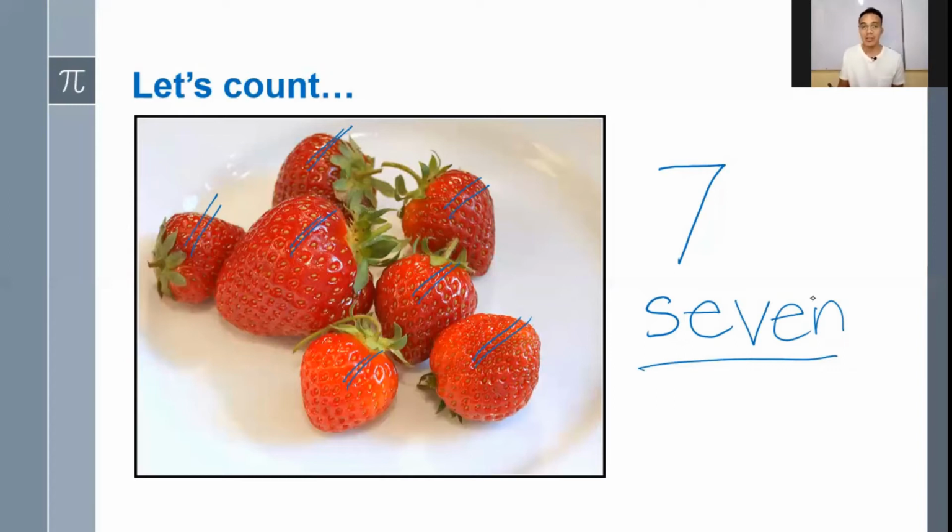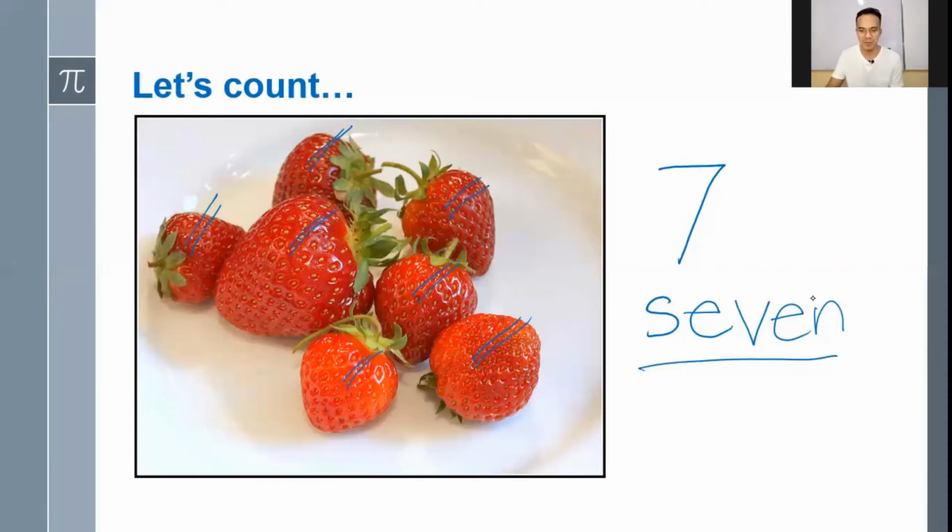Okay? So we have 7 strawberries in the picture. My challenge to you is to count 7 objects. You just look around your house, around your room, and try to collect 7 objects.